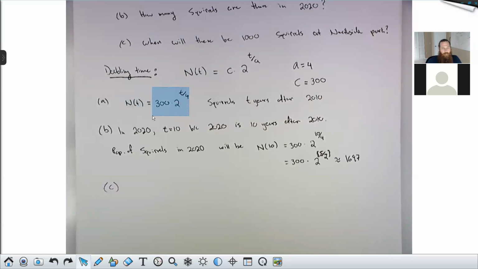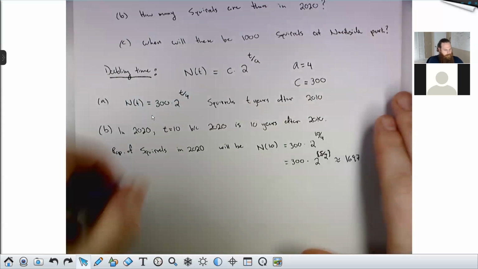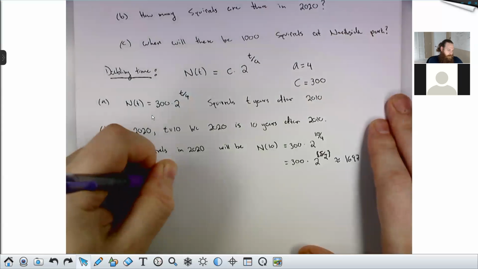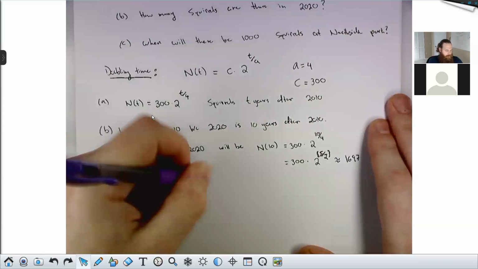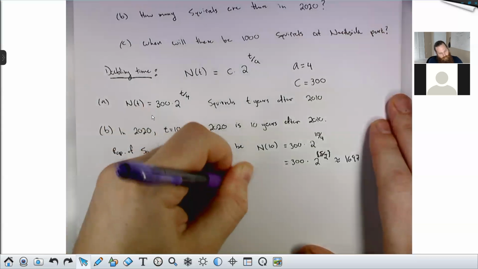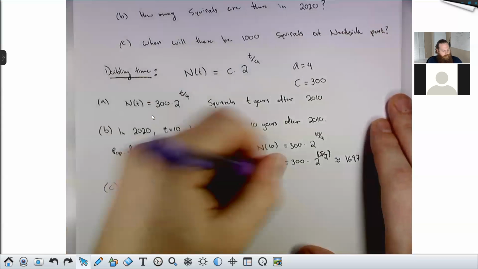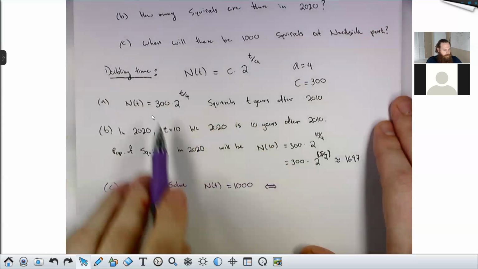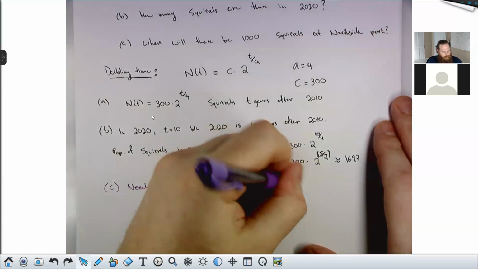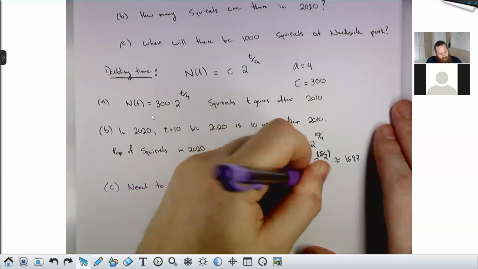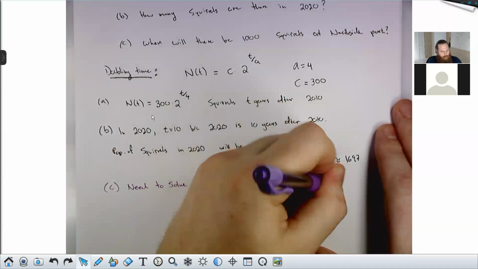So I set this equal to 1,000. Since n of t is 300 times 2 to the t over 4, I'm solving 300 times 2 to the t over 4 equals 1,000.